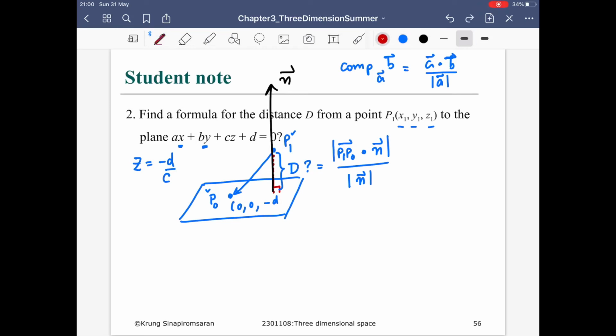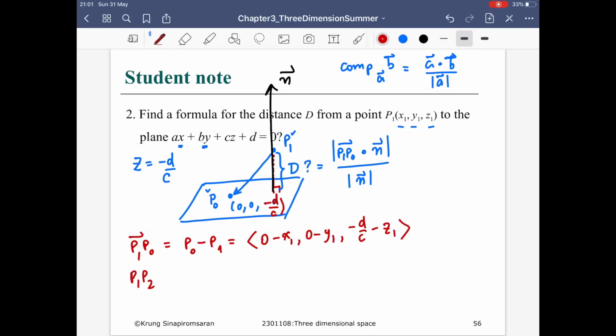Can you see it? So it means that your p1 p0 vector is p0 minus p1. So p0 is 0 minus x1, then 0 minus y1, then negative d over c minus z1. This is this vector, and then you are going to dot with the n.